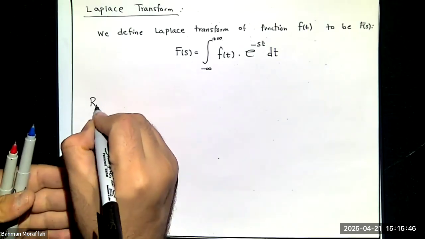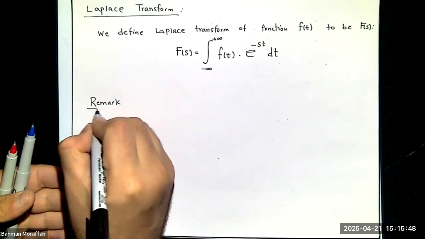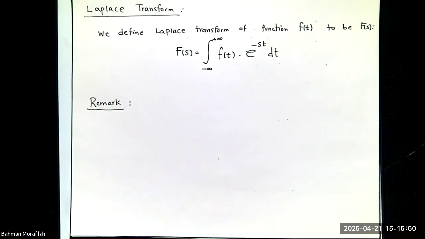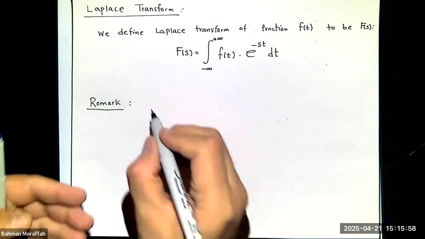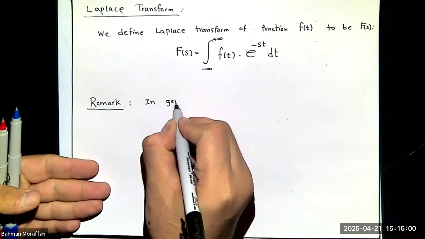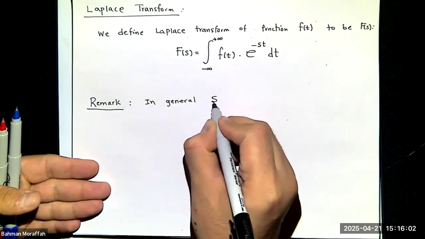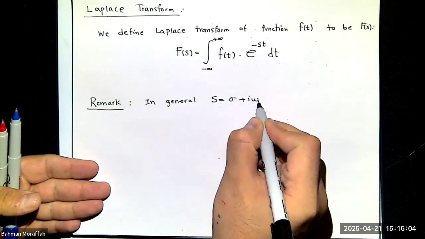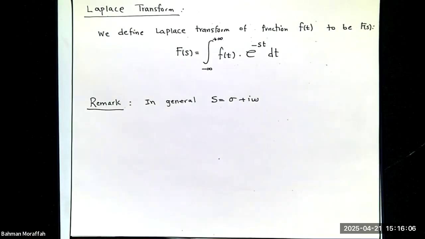Quick remark. Keep that in mind. This s over here is a complex number. In general, this s is sigma plus i omega, right?